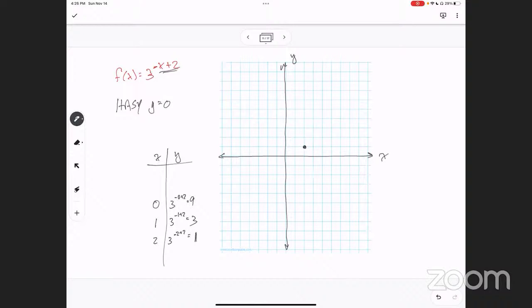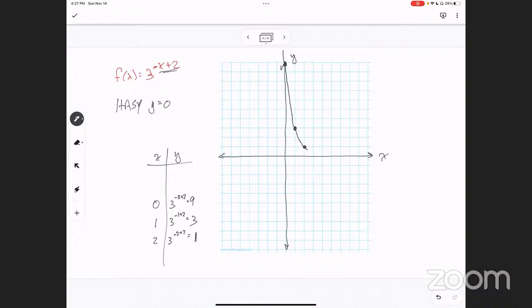And what is it doing? It goes 1, 3, 9. What do you think it's going to be doing? It's going to start approaching the x-axis on the other side. That's right.